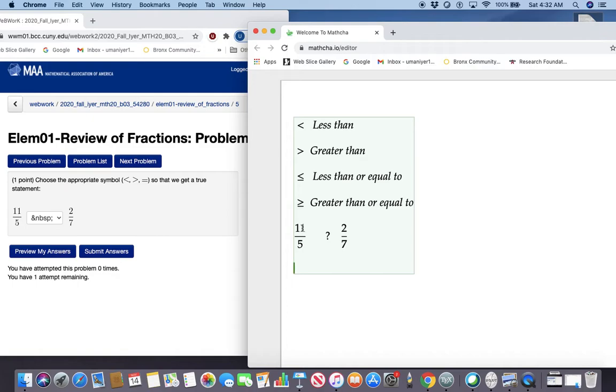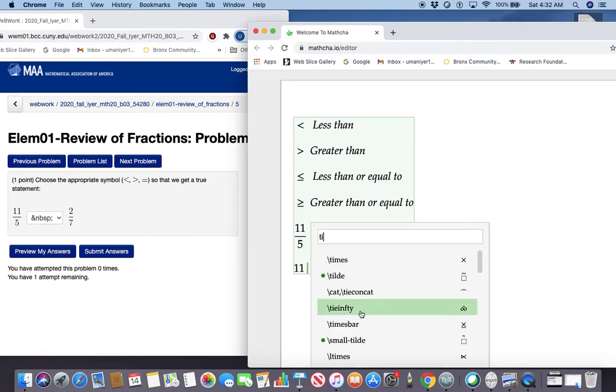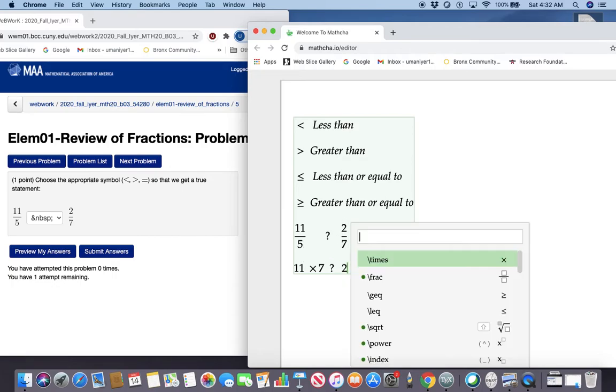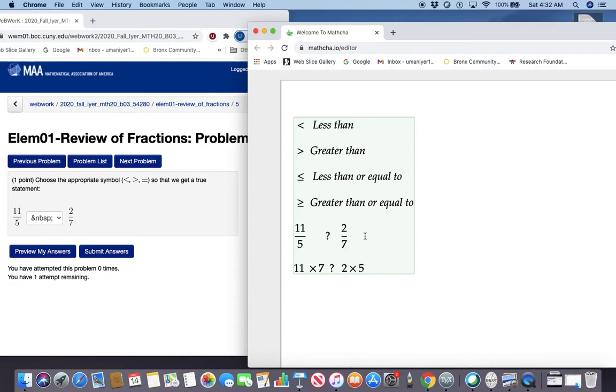So 11 is the number on the top on the left hand side, so 11 times 7 stays on the left hand side. You compare that with 2 times 5. Since 2 is on the right hand side, 2 times 5 stays on the right hand side.